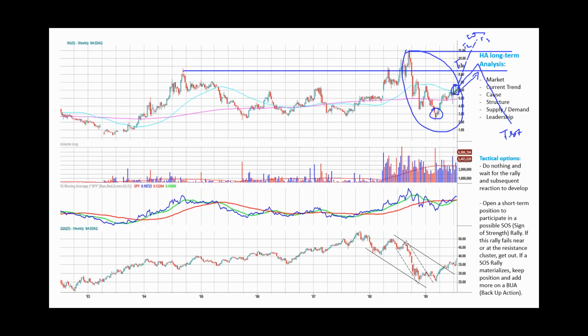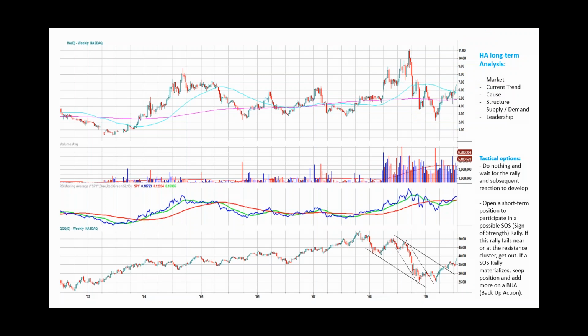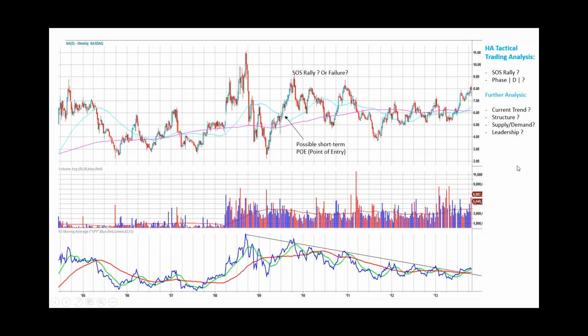And the only time when this long-term position would work, if indeed we're going to have a sign of strength rally. Now, that's under the question just because of this area right here. So let's see what has happened. And for this stock, I put this right away, so that we would not forget.